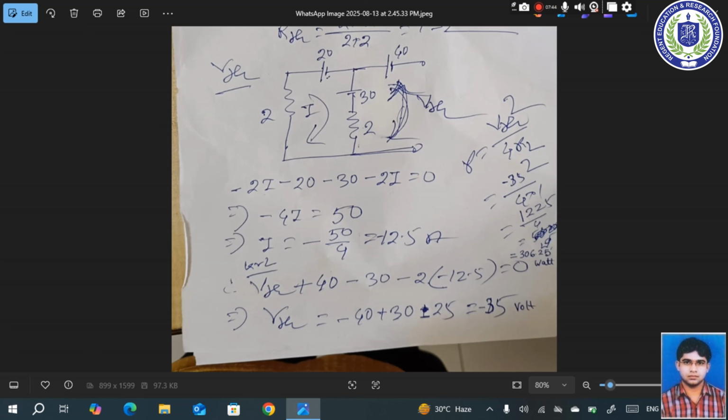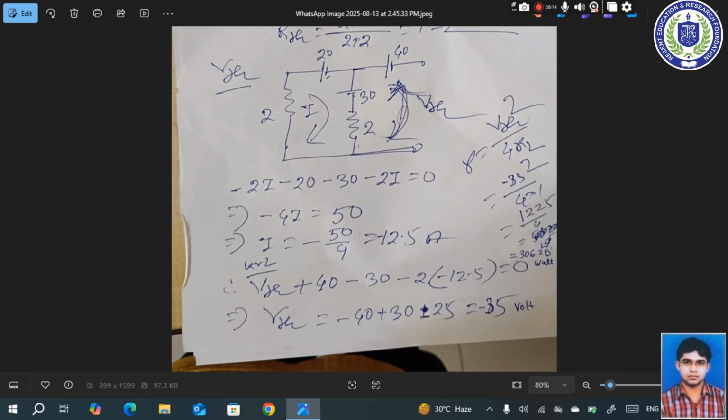So we can write VTH equal to, this 40 goes to the right hand side, so minus 40 plus 30 minus 25, so we can write minus 35. So the answer becomes minus 35 volt. This is the VTH that is required to calculate the P max.